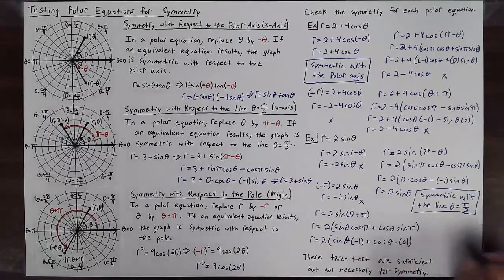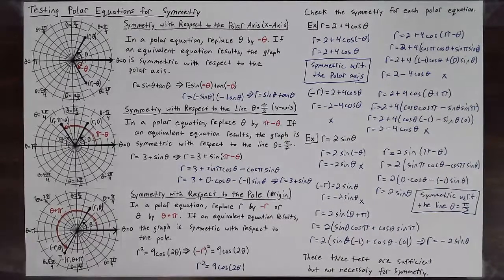So the right term goes to 0, but the left term is negative sine. So r is equal to -2 sine of theta, which again isn't equivalent. So we're only symmetric with respect to the line theta is equal to pi over 2.